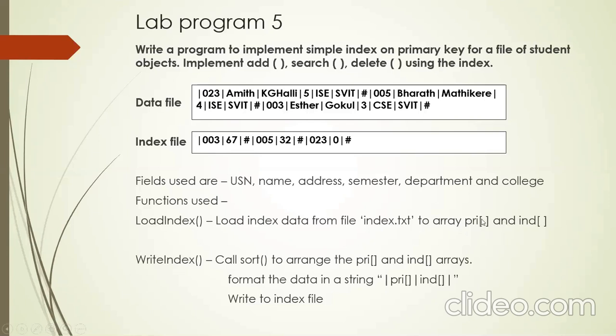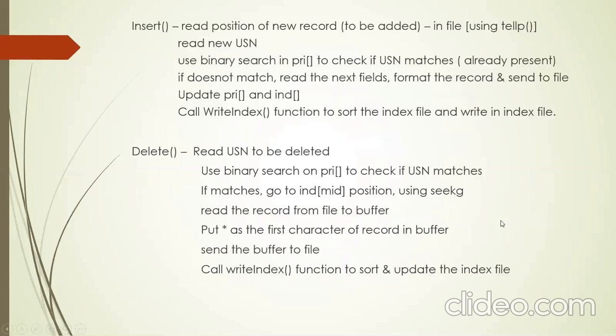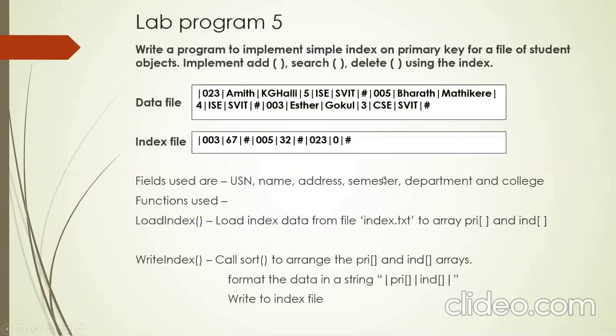So PRI of 0, the first array content, will be 003. IND of 0 is 67. PRI of 1 is 005, and its corresponding displacement, IND of 1, is 32. PRI of 2 is 023, and IND of 2 is 0.